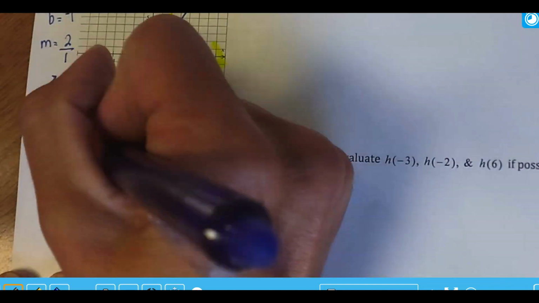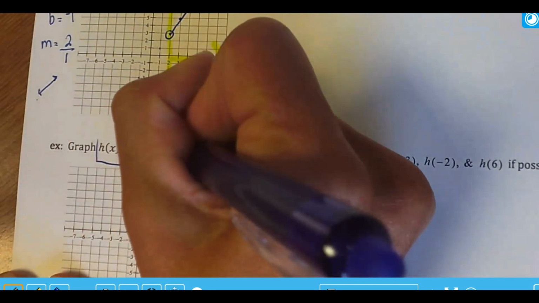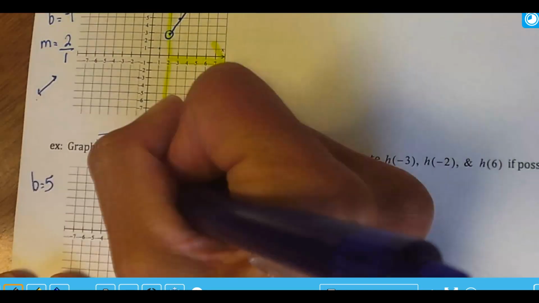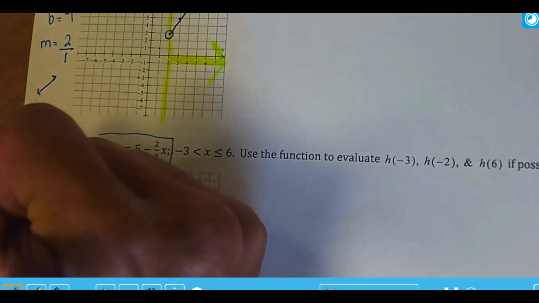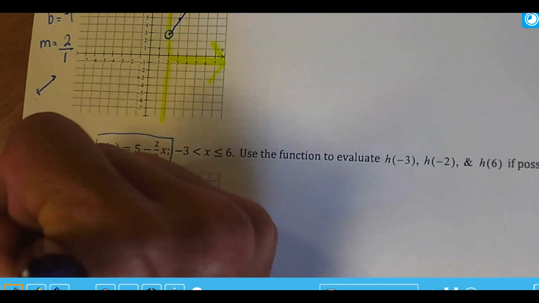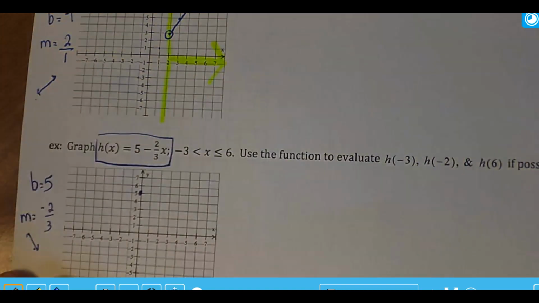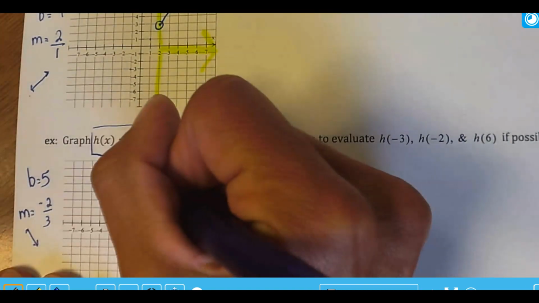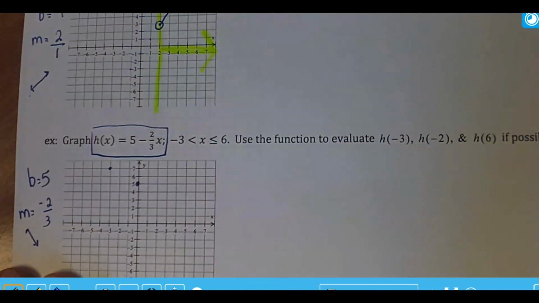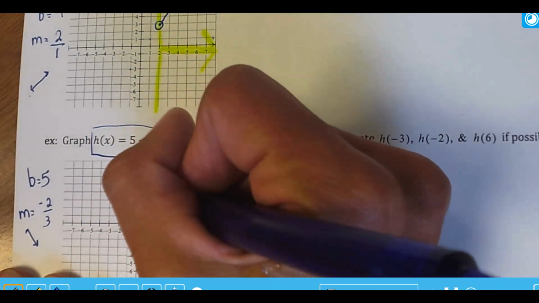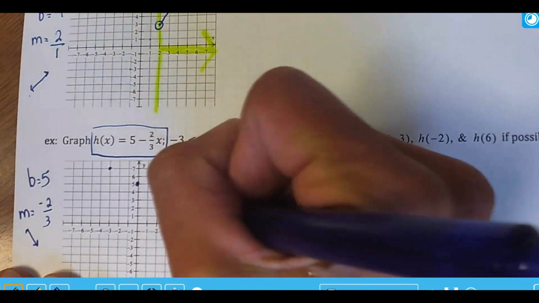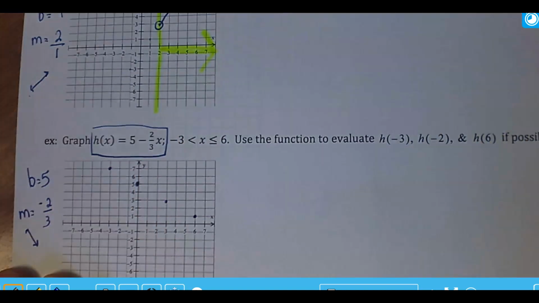So for this function, the number that's by itself is the 5, so I will be beginning at 5. And then my m, my more points, is a -2/3 slope, which as a reminder means my line should be going downhill. So from here I'm going to rise 2, but then I need to run left 3 to get that downhill look. But I'm going to keep this up and fill my whole graph with points.